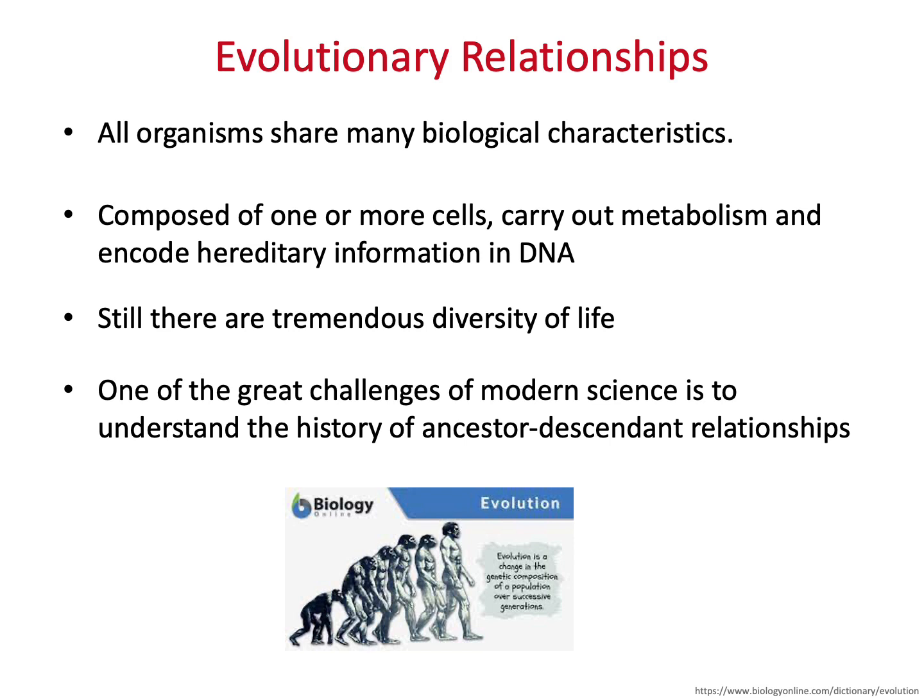Based on that, we now know that all species arose from a common ancestor. Therefore, all organisms share many biological characteristics. Some of these shared characteristics include having one or more cells, storing genetic information in nucleic acid, etc.